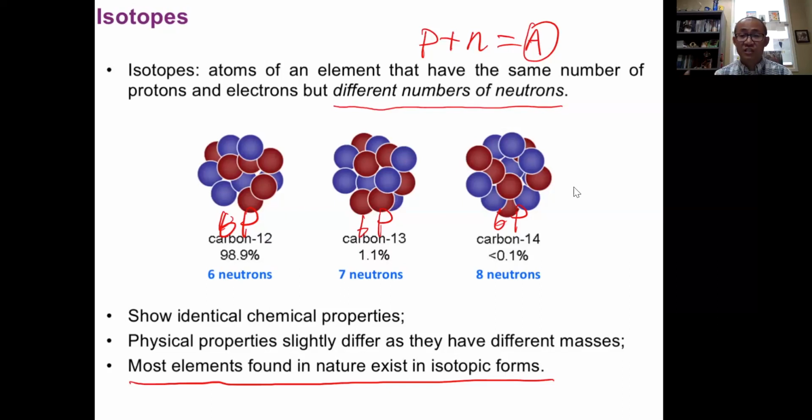That percentage is called natural abundance. They don't exist in the same percentage. For example, the most abundant carbon isotope is carbon-12, which is around 99%. Carbon-13 is around 1%. Carbon-14, which is radioactive, is less than 1%. So those are isotopes of the same element, with the same proton number.